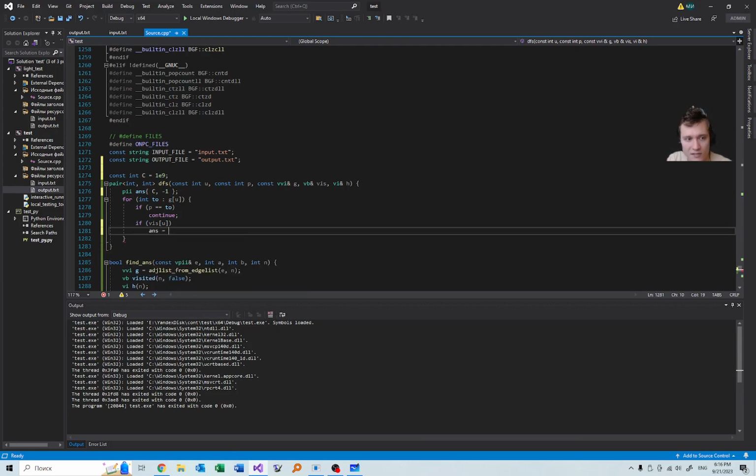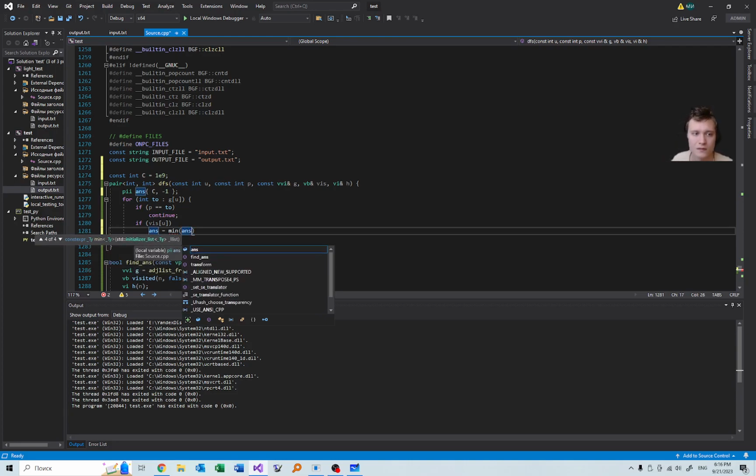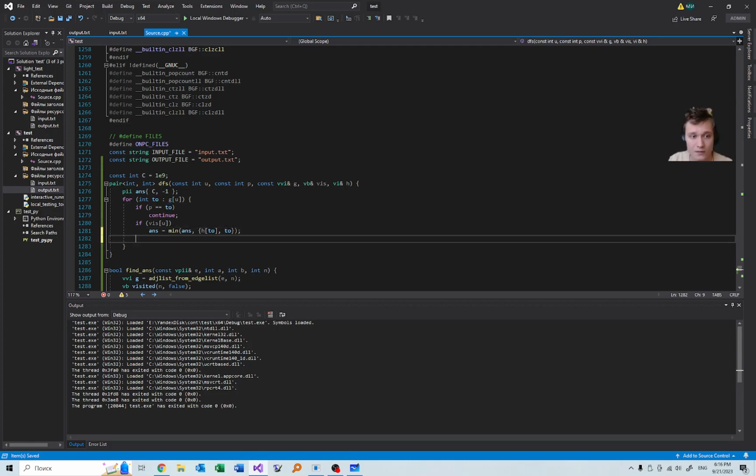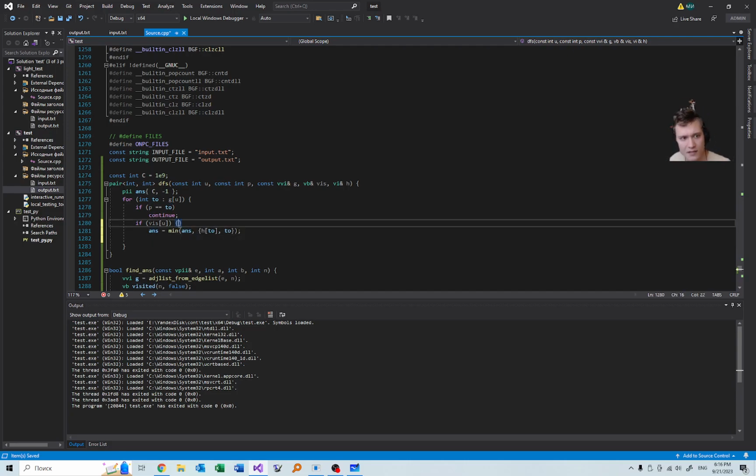So I say that answer equals minimum of answer and some other pair, which is the distance, h2, and target, which is u. So if u is visited, after that I say continue.